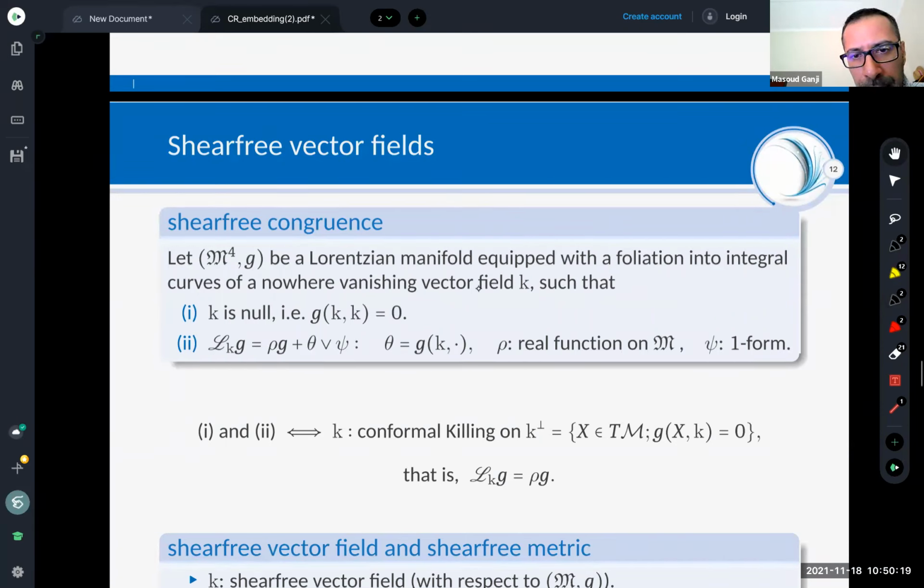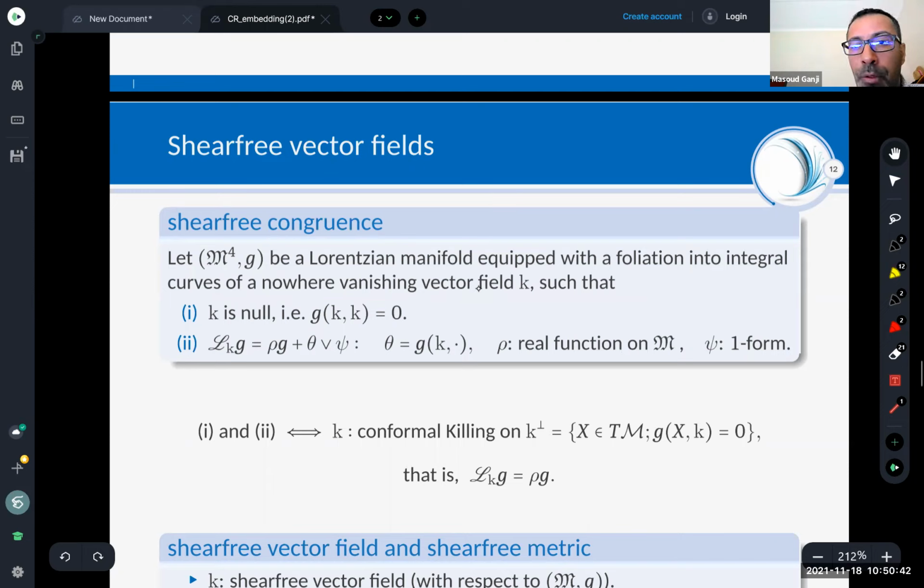But theta is a form generated by the Lorentzian metric and the null vector field K. This condition is called the shear-free condition. Maybe precisely, I should say shear-free geodesic congruence, but we just refer to that as a shear-free vector field or shear-free condition.